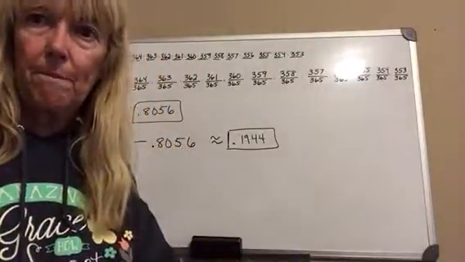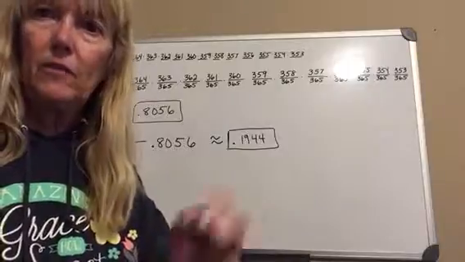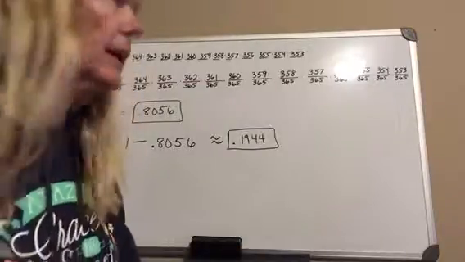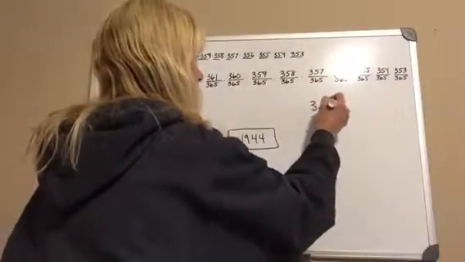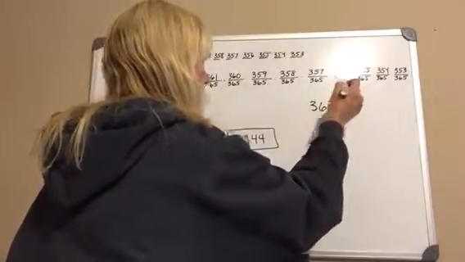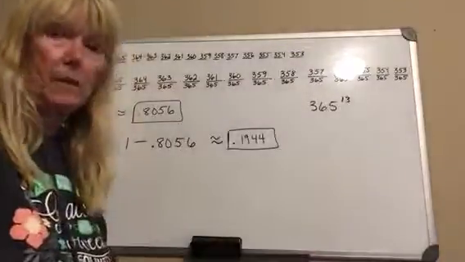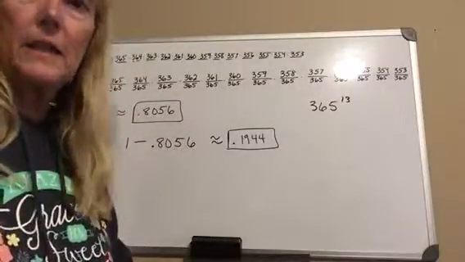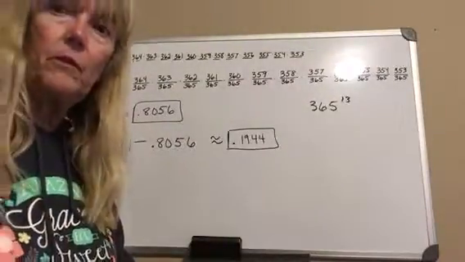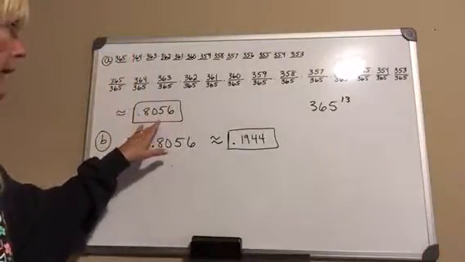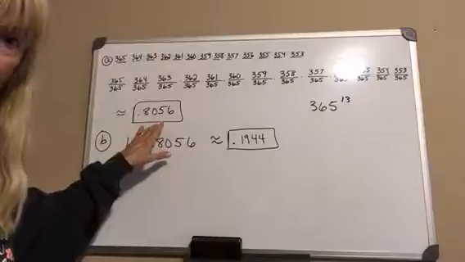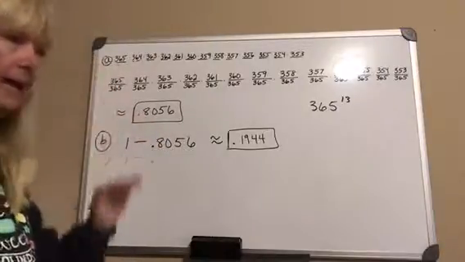It'll compute that. Then say divided by 365 to the 13th power, because you've got 365 times itself 13 times. That's the easiest way to put it in the calculator. And if you hit enter after that, you will get this first decimal. 0.8056 is our answer to A.